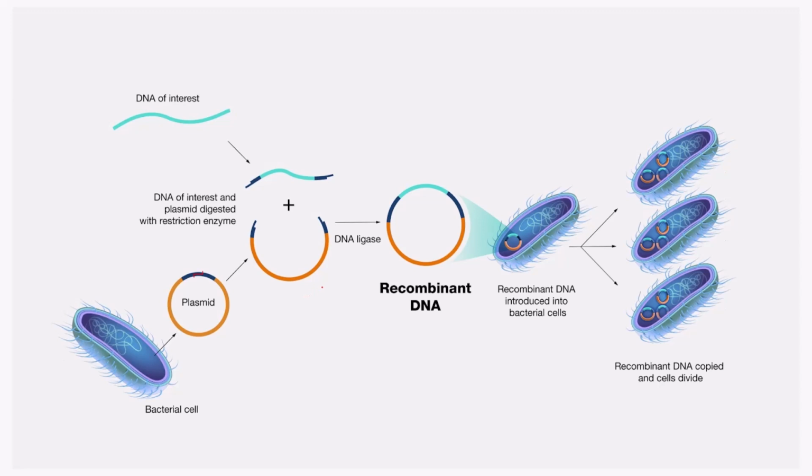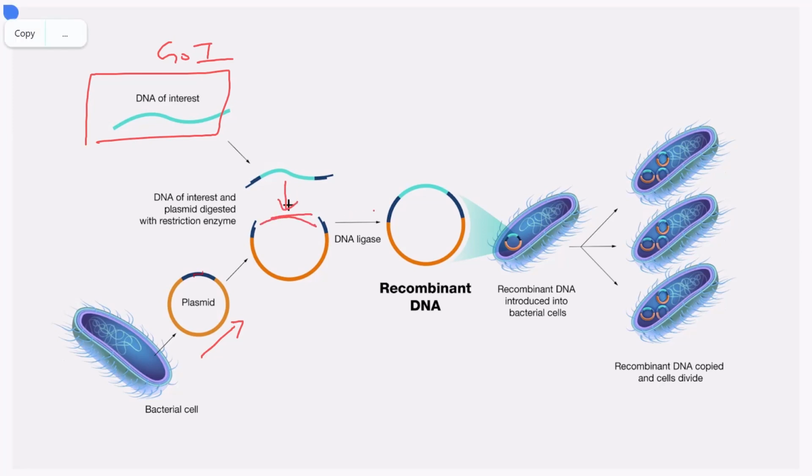Now let's see where our transfection occurs and where we apply the transfection. Okay, so here we have a gene of interest, and here we have the plasmid of the bacteria. So here we integrated the gene of interest into the plasmid. Okay, successfully integrated.